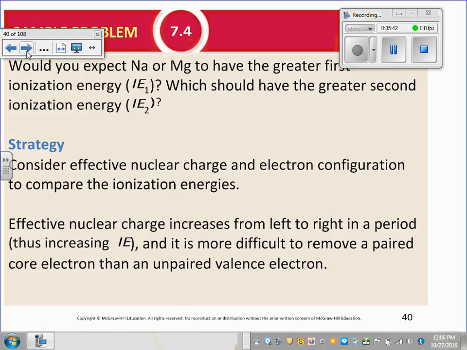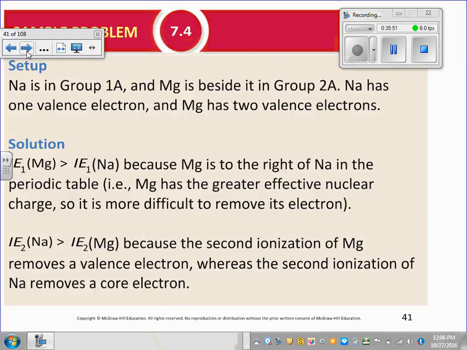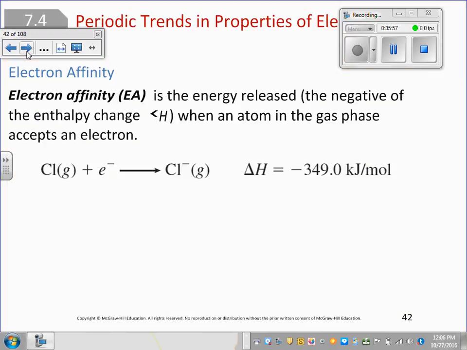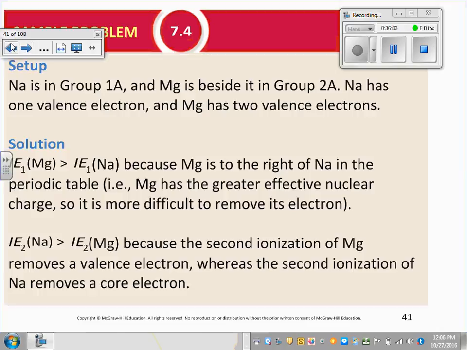Magnesium? Sodium? Oh, IE1, magnesium is greater than sodium, because it is to the right. Oh, I was wrong, I got it backwards. It is to the right, so IE1, magnesium is greater than sodium.